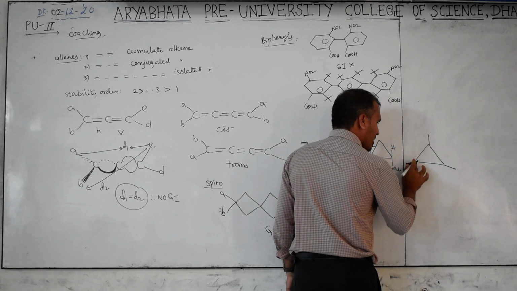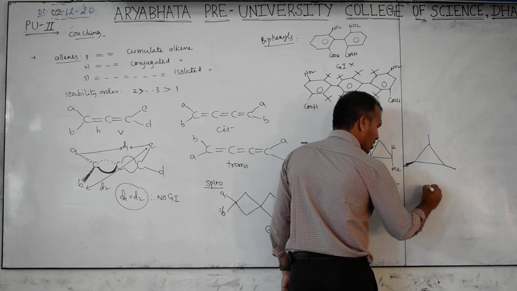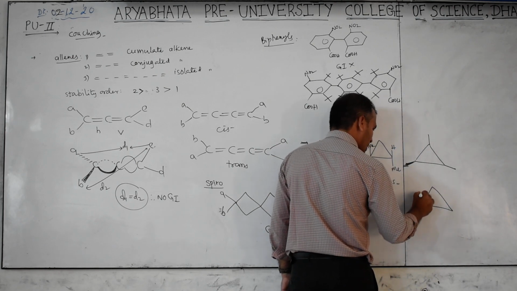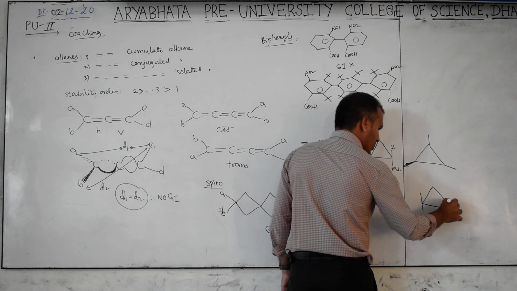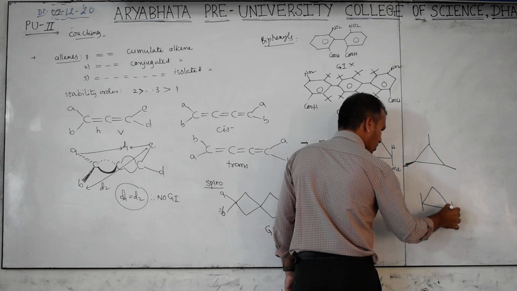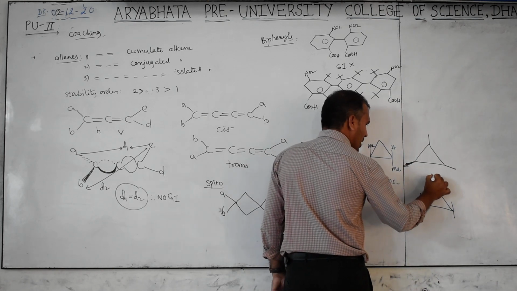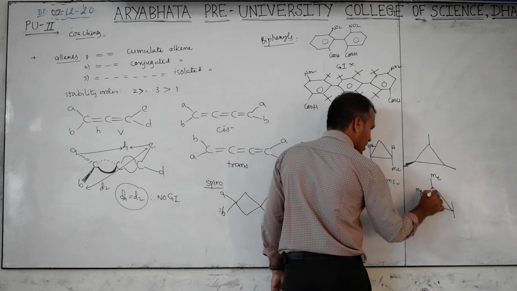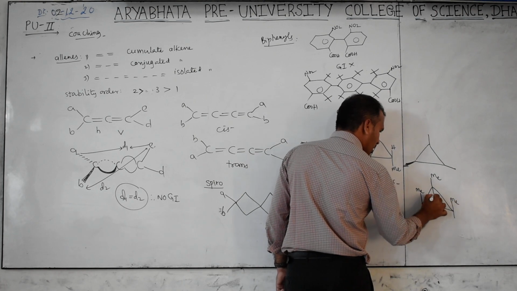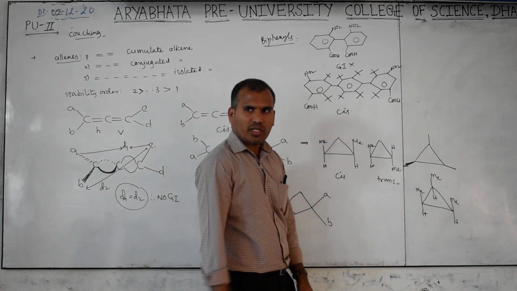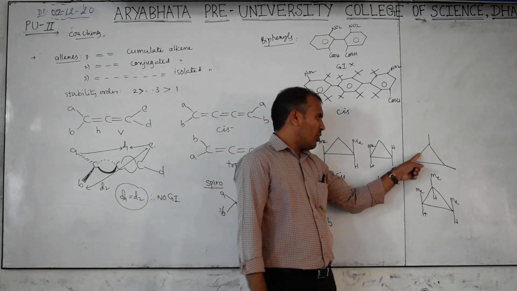Then if I write all are cis, otherwise, to avoid your confusion, I will write this is CH3, CH3, CH3. Then this is methyl CH3, methyl CH3, methyl CH3. H, H, H. Carbon bond valency is how much? 4. 1, 2, 3.